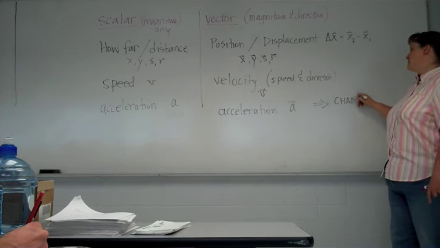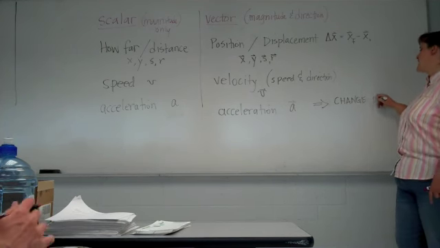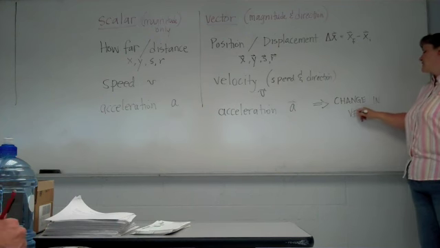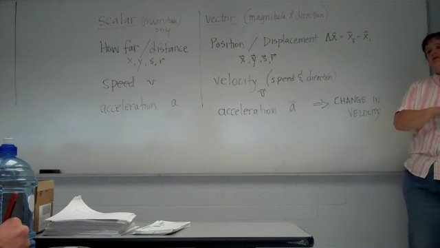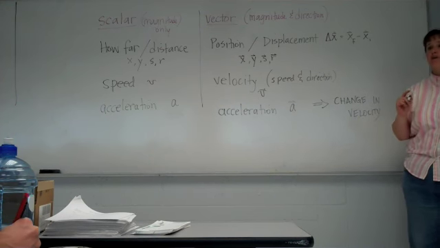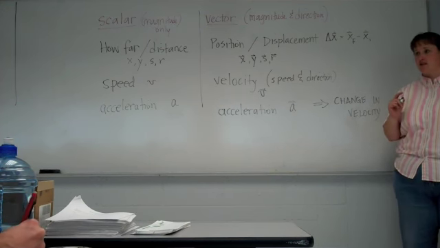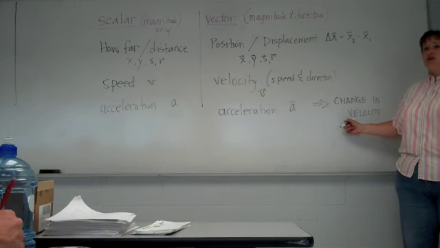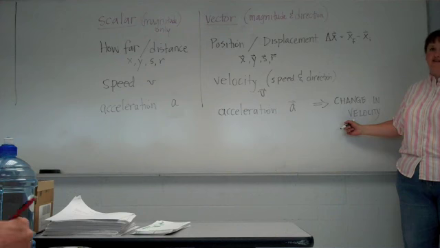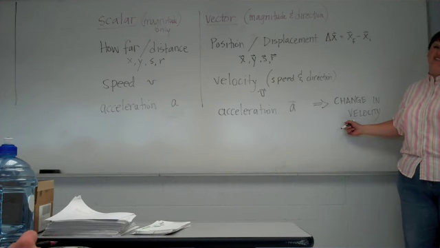By definition, acceleration is a change in velocity. So speeding up, that is one way to have an acceleration. If you are speeding up, you have an acceleration. If you are slowing down, you have an acceleration. I know it sounds kind of funny.